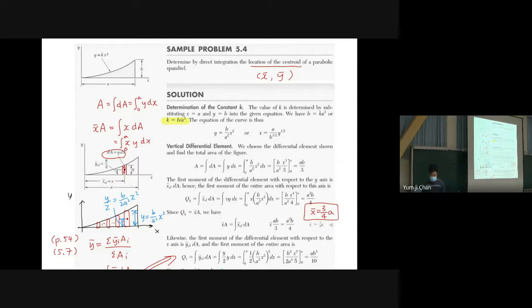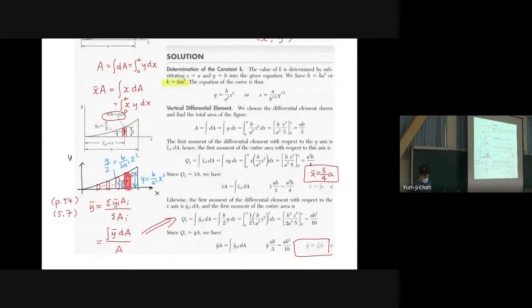And for y bar, you don't need to do this area, because we can use the same way to cut the area, and we can get the centroid of the whole area by the centroid of each part. And of course, for one slice here, we can get the centroid of this slice because this is at the middle of the height. So we can get y bar there.